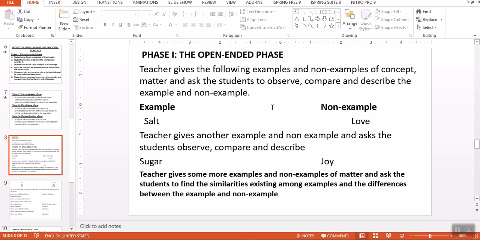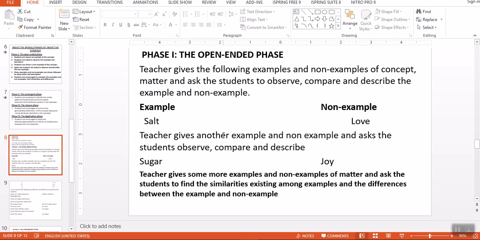So, for example, take this as a class example, probably in the open phase. This is an example from English, where you will see examples and non-examples of assault, and then a non-example, which is love. The teacher gives another example, sugar and joy.